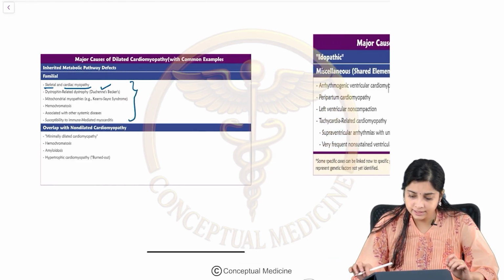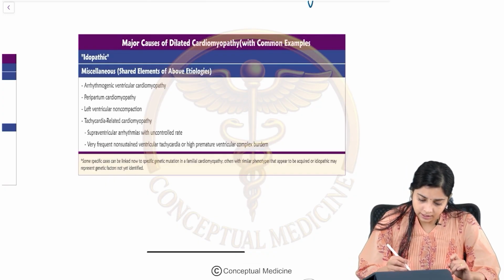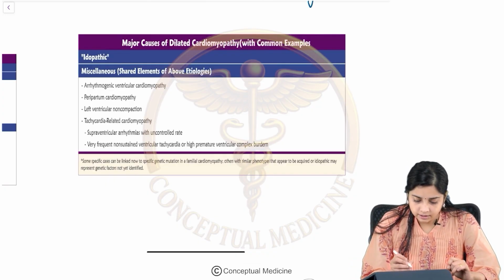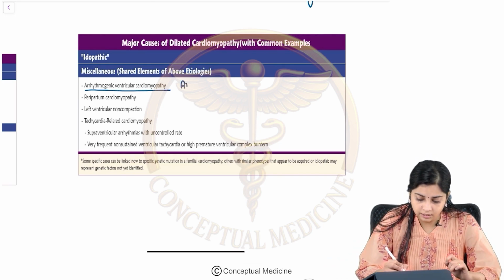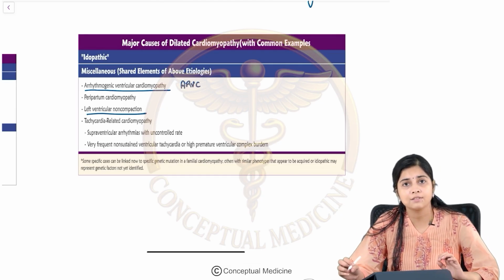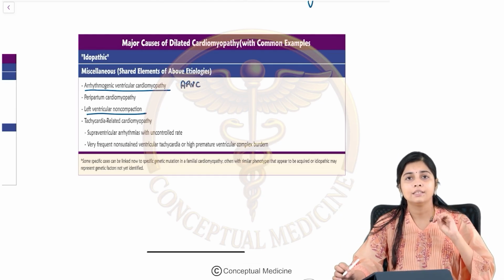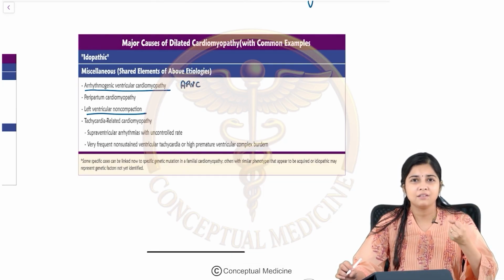Apart from that, there are certain idiopathic causes of dilated cardiomyopathy, like your arrhythmogenic right ventricular dysplasia, which is your ARVC, and your left ventricular non-compaction syndromes. These are basically developmental disorders. For example, in ARVC, the right ventricle is not well developed.